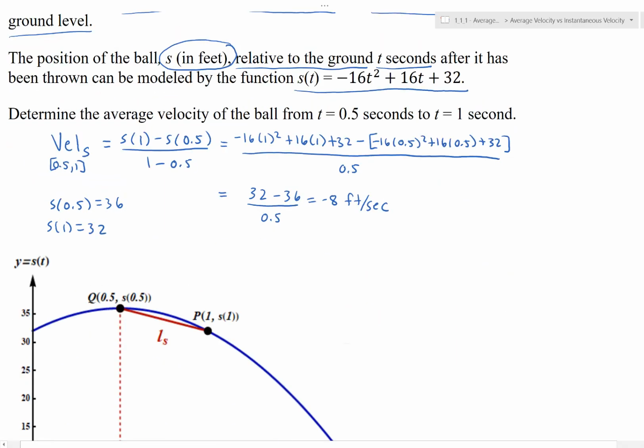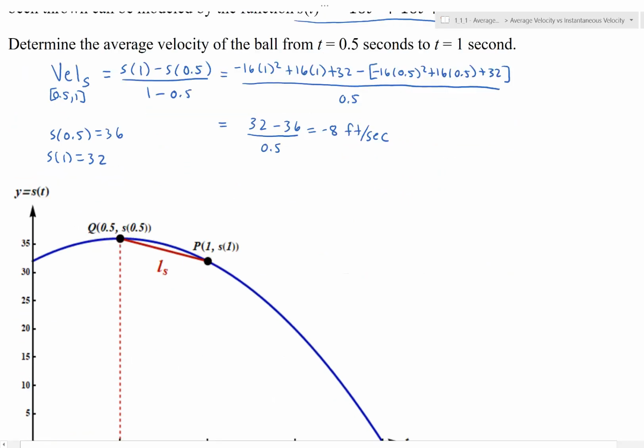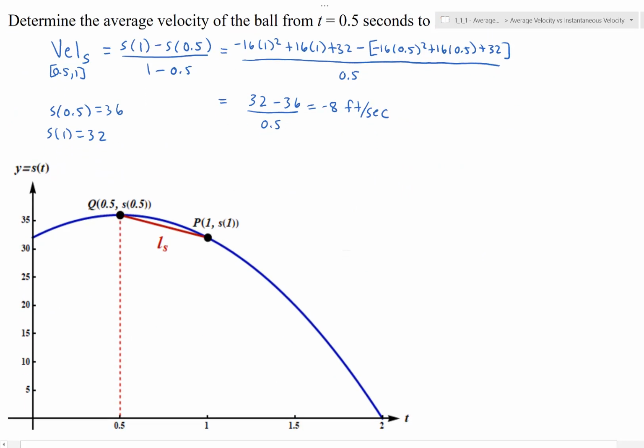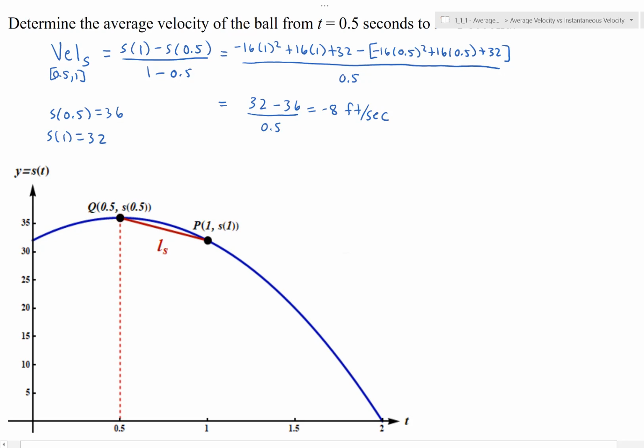The graph right below here is depicting everything I just talked about. And as you can see, we've got the line, I'm going to call it L sub S here, that red line, that secant line connecting the points Q and P, Q being 0.5 comma s of 0.5 and point P being 1 comma s of 1. So I find the slope of that line over this interval of time.